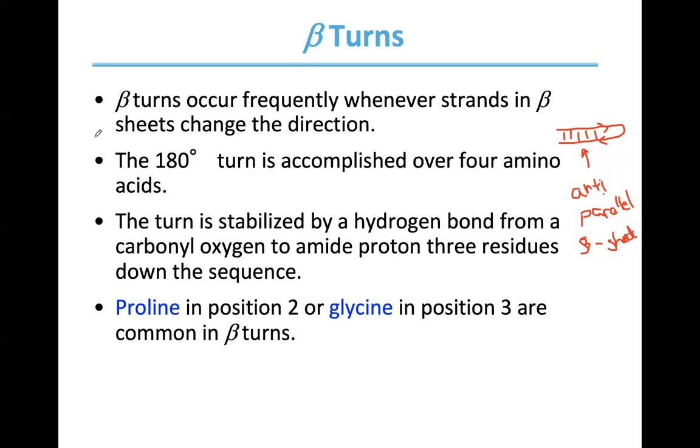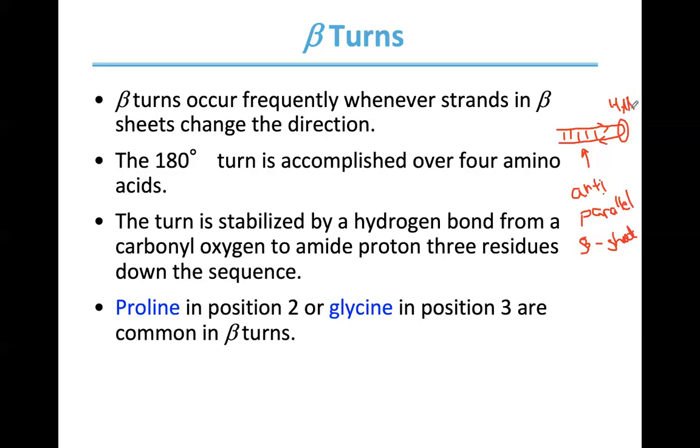Okay, so basically we have a 180-degree turn, okay? And usually this is accomplished over 4 amino acids, right? So here in this region, we have 4 amino acids.